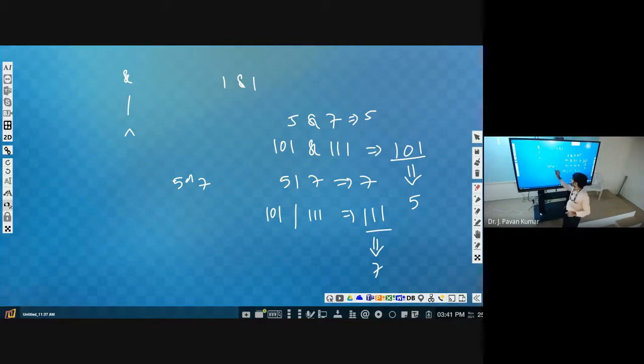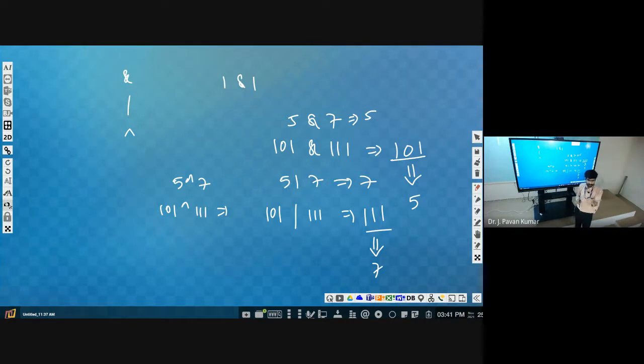5 cap 7, that means 101 cap 111. So what is the operation of exclusive or? Exclusive or means either this or this, not both. Both 0 means we will get 0. Both 1 means 0.